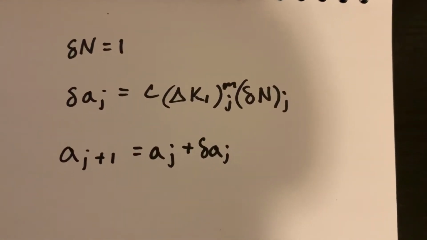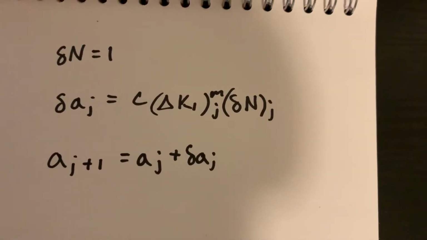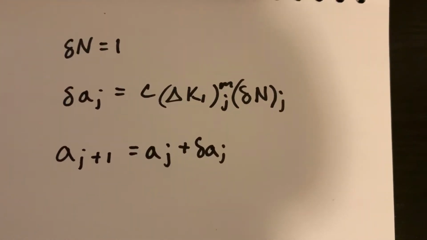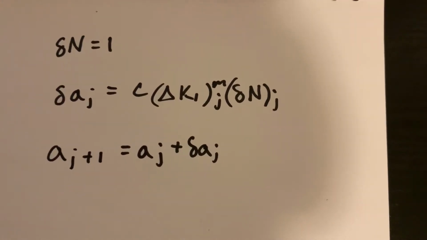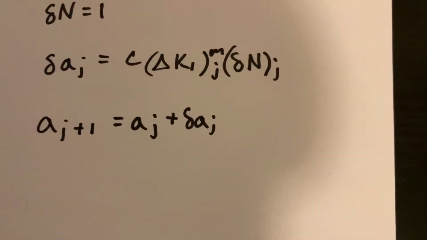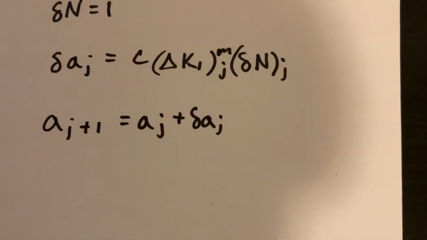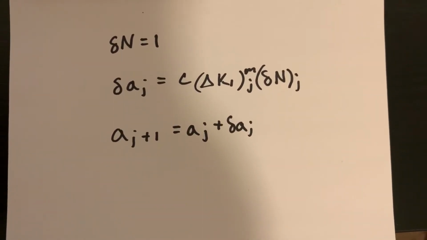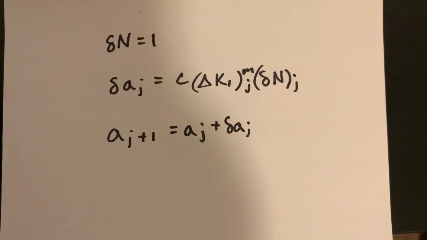Delta N equals 1, then we have delta A sub j equals C times delta K sub j to the M, times delta N sub j, and then A sub j plus 1 equals A sub j plus delta A sub j. And this is until we reach a final A sub f.